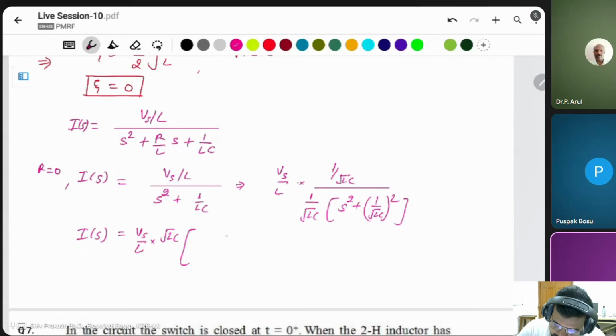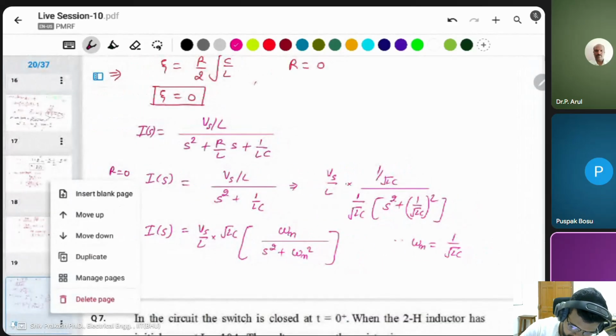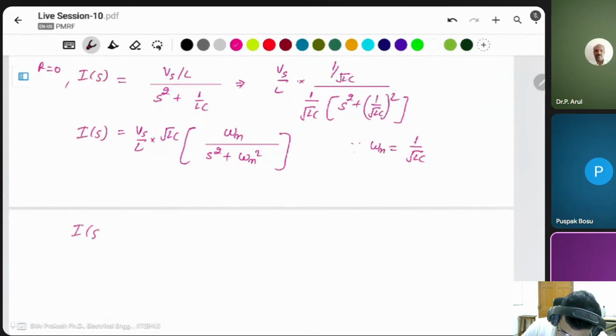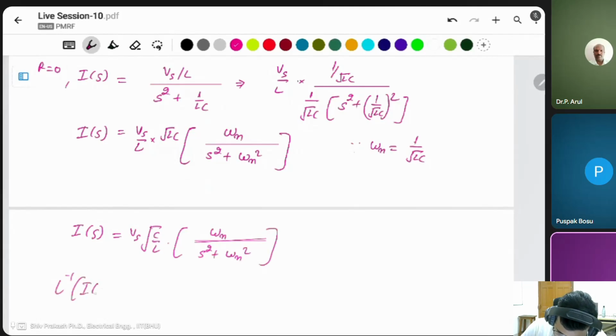You can write it as omega n divided by S square plus omega n square, because omega n is equal to 1 by root of LC, the natural frequency. What is the Is in this case? L and 1 by L cancel out. Vs root of C by L into omega n divided by S square plus omega n square. What is the inverse Laplace of this?